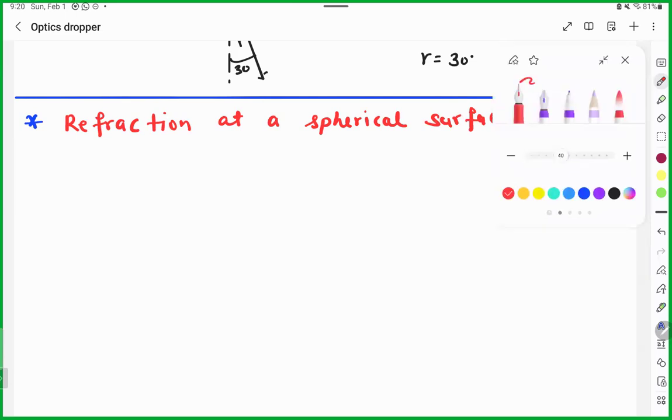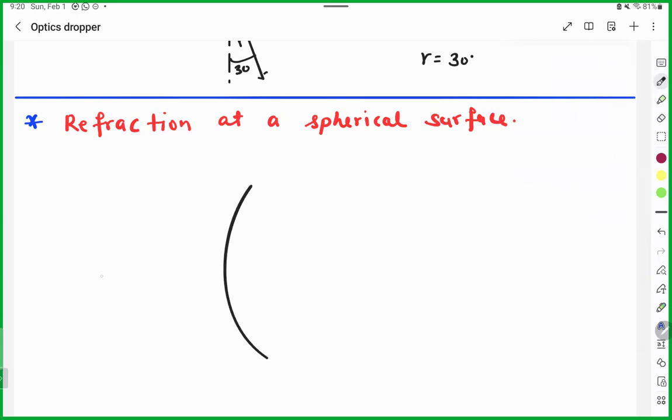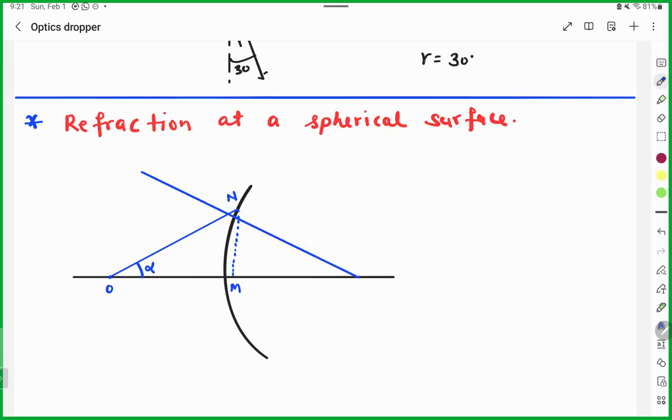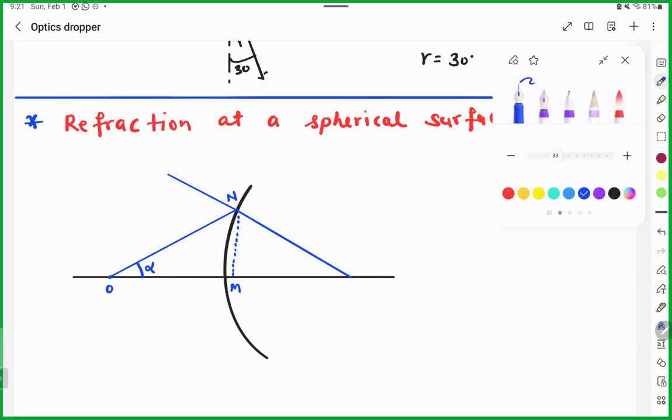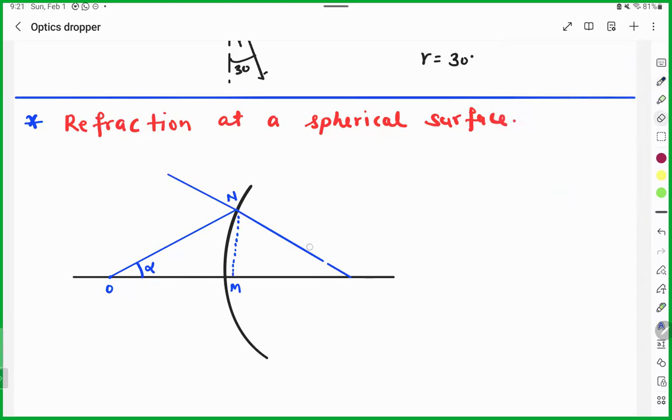This is your spherical surface, and if you have your object O, the object will produce a ray like this, making angle alpha, and this is perpendicular M, this is N. If you take a normal, the normal always hits the surface and passes through the center of curvature.